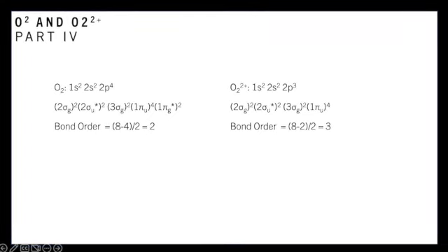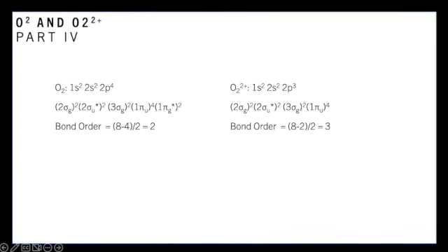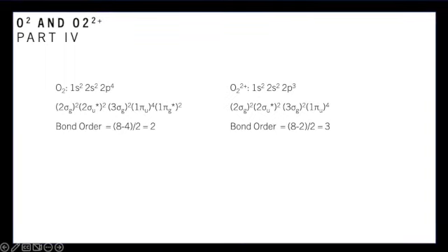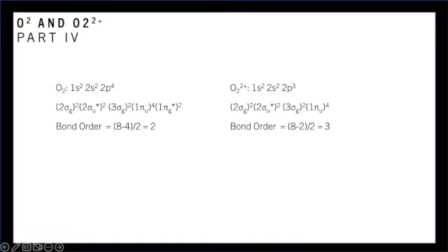This is why oxygen has a double bond and O2 2+ has a triple bond. The bond order increases when removing electrons here because they were removed from an antibonding orbital.